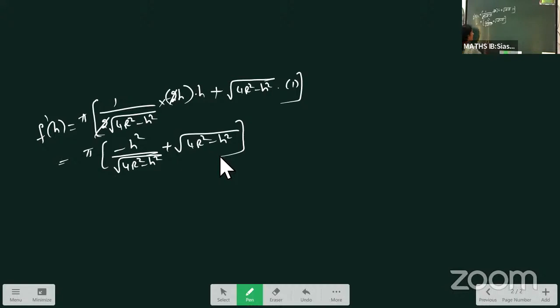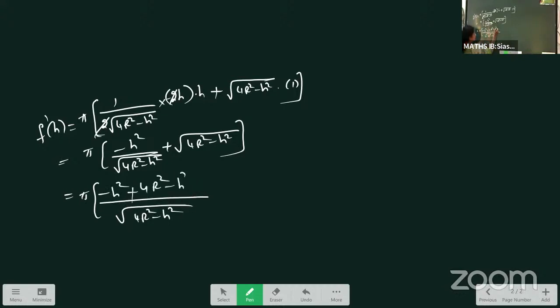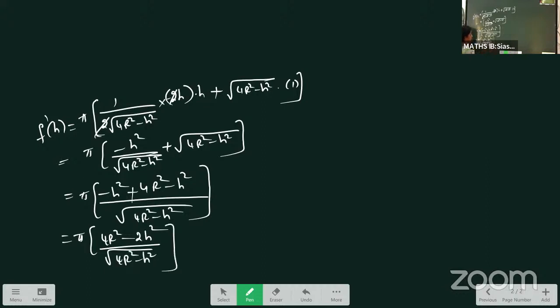Now, next step, take LCM here. Pi into, LCM is under root of 4r square minus h square. What are we getting here? Minus h square plus root and root will go. So 4r square minus h square. So pi into, first write positive term 4r square minus h square, minus 2h square by under root of 4r square minus h square.